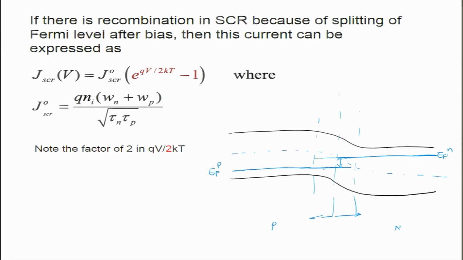So, what we are showing here is the continuity of Ei, but Ei is irrelevant, right. So, you will have this EFP continuing in some manner, EFN continuing in a certain manner. The exact nature we cannot depict here very clearly, but you are going to have a certain split of Fermi level because of applied bias.